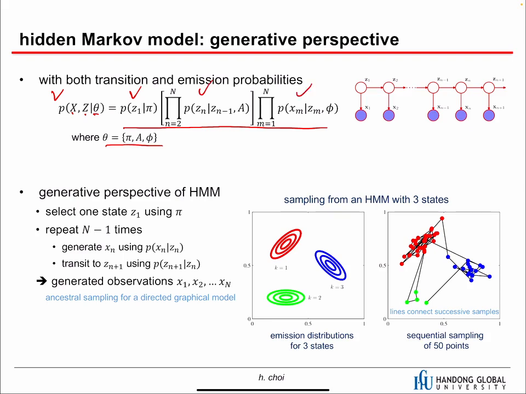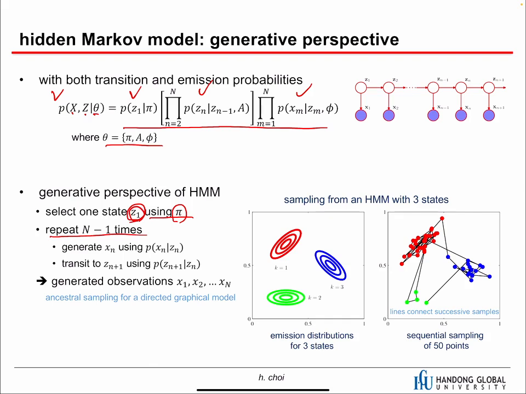When we generate one sequence with an HMM, we can follow this recipe. First, we select one hidden state, z sub 1, using pi. Pi is the probability of the first hidden state. And then we repeat this n-1 times. Now we have z sub 1, and from z sub 1 we generate x sub 1.